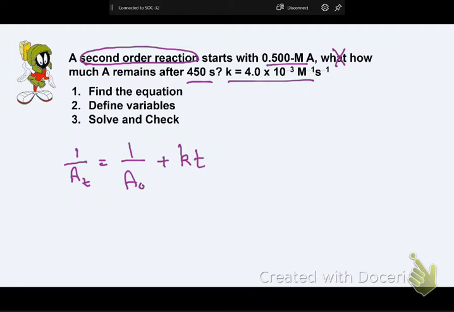And then we just have to identify all the variables. So T, that's the 450 seconds. K, that's 4.0 times 10 to the minus third, yeah. On my iPad, it's not showing up.